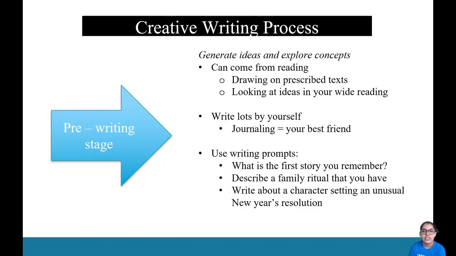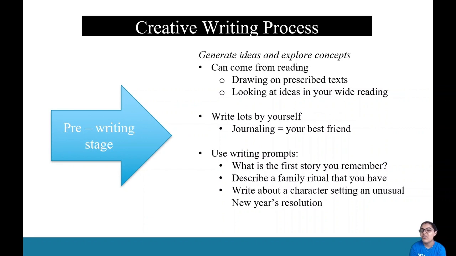Okay, so how do you actually do it? Well, firstly we begin in the pre-writing stage. This is where we generate ideas and explore concepts. They can come from our own reading, by drawing on prescribed texts, looking at ideas in wide reading, and you can also start journaling and writing a lot by yourself.